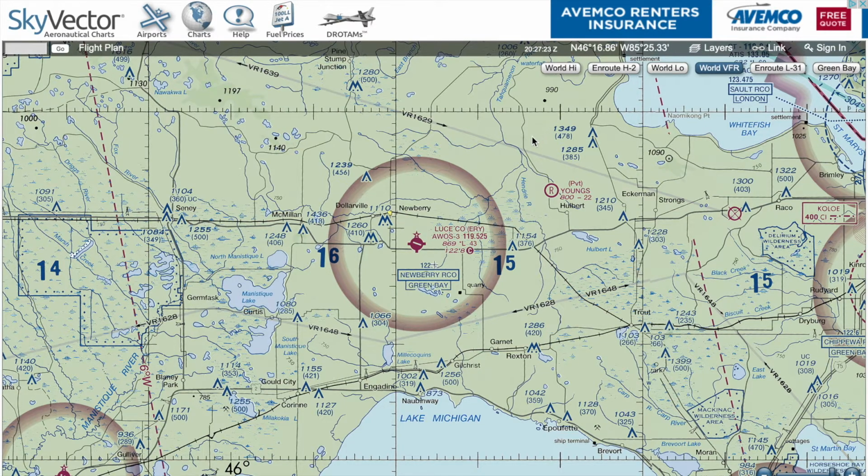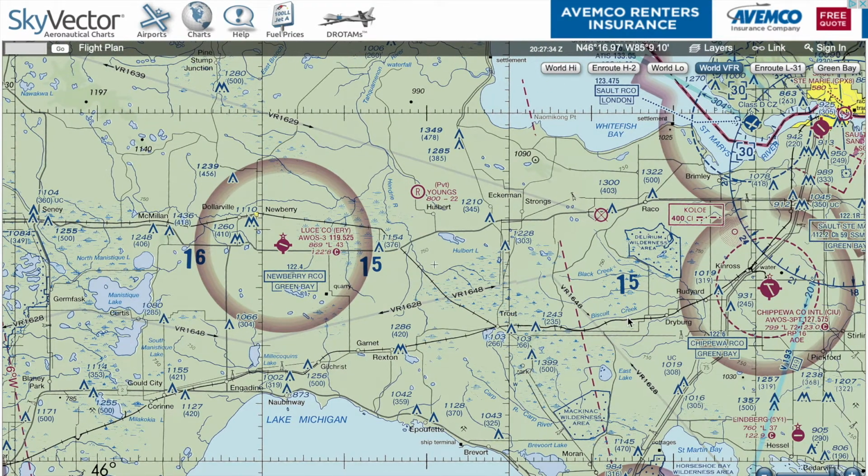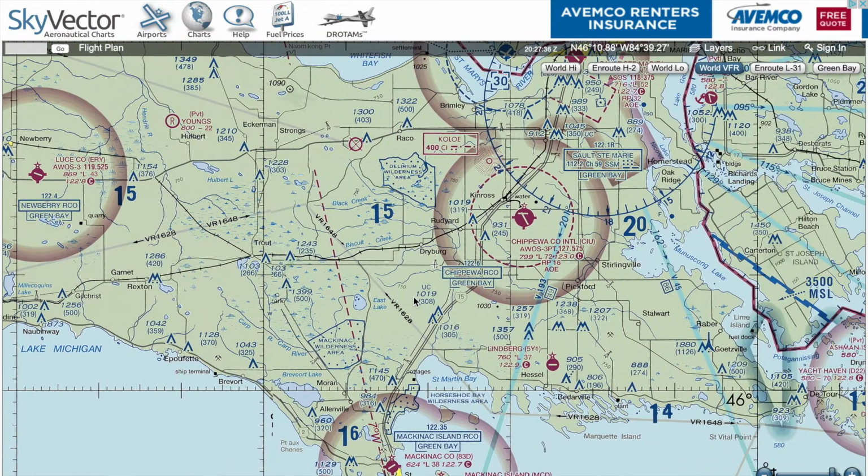So 1,200 feet with the Class E airspace, dropping down to 700 feet straight across here. So below all that Class E airspace is uncontrolled Class G. Now, when we start getting over here, there's a little bit more to the story. 1,200 feet Class E drops down to 700.